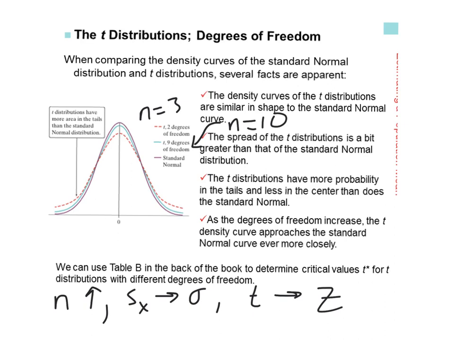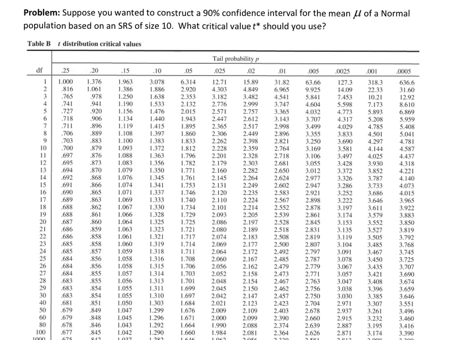It's kind of a domino effect. Sample size goes up, our approximation for S should be getting really good, and it's probably quite close to what sigma actually is. So then the specific t distribution that we'd work with is going to be closer to the z.